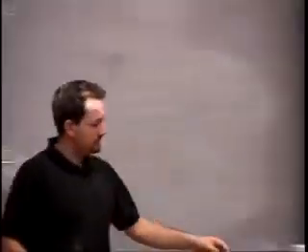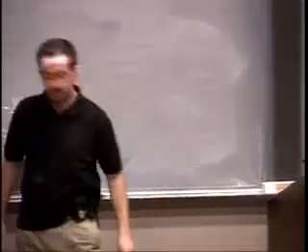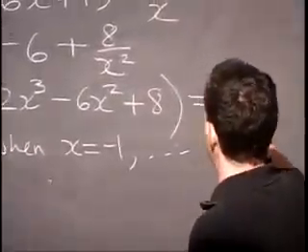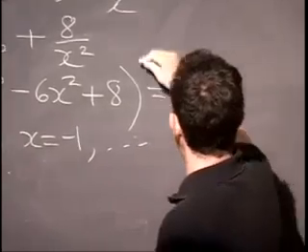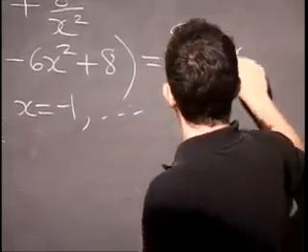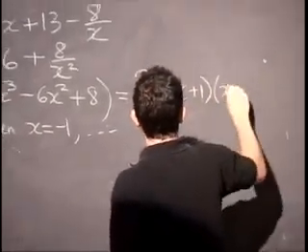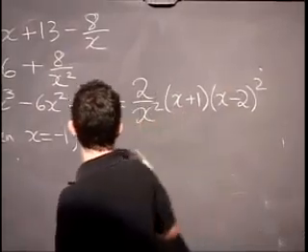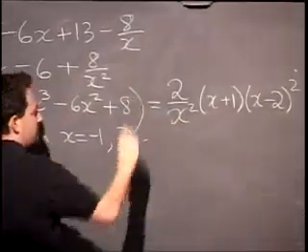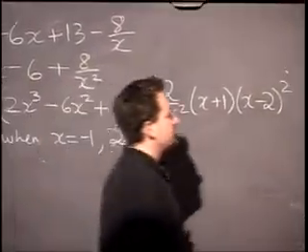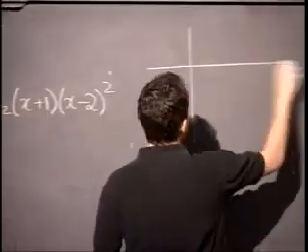So I could have factored this as 2 over x squared outside of x plus 1, x minus 2 all squared, and we see that x equals 2 is another solution. So we have critical points. Let's draw up a table of signs.